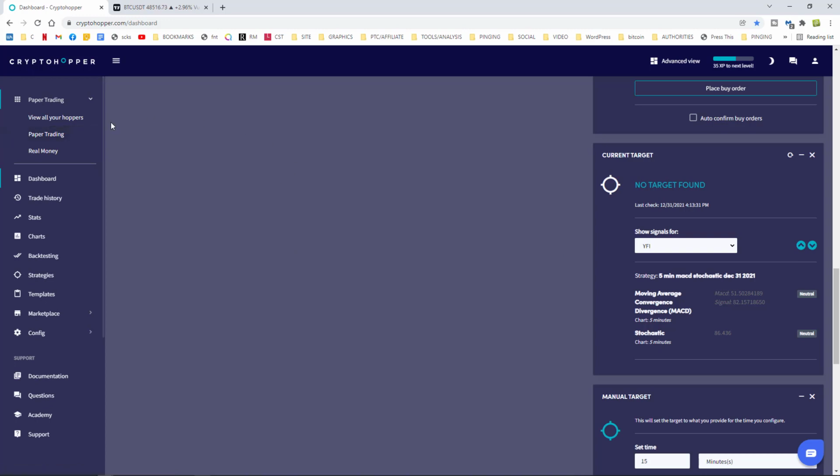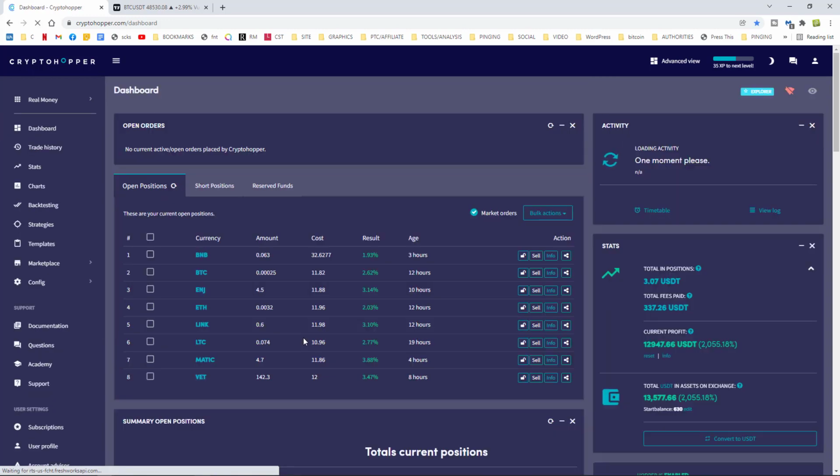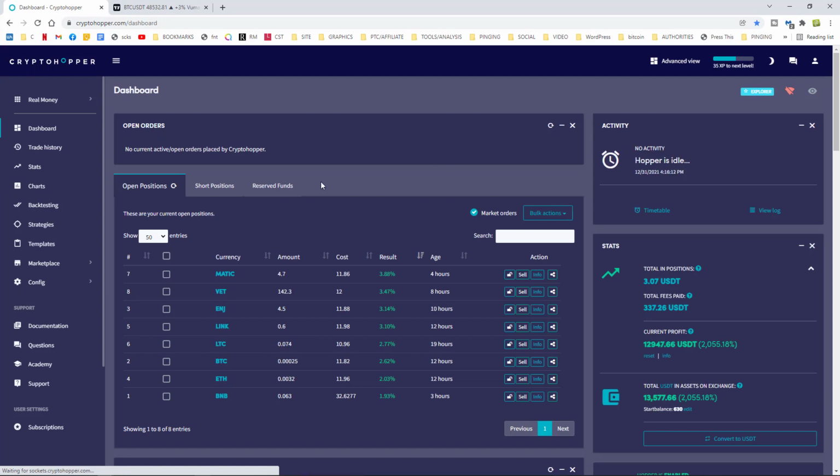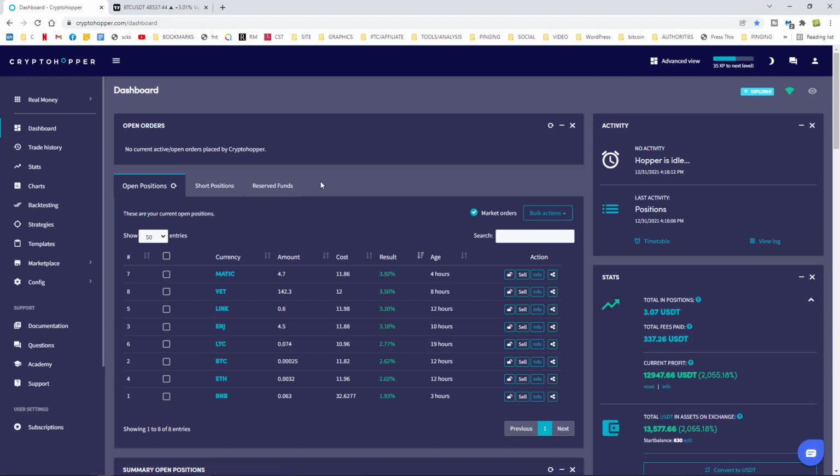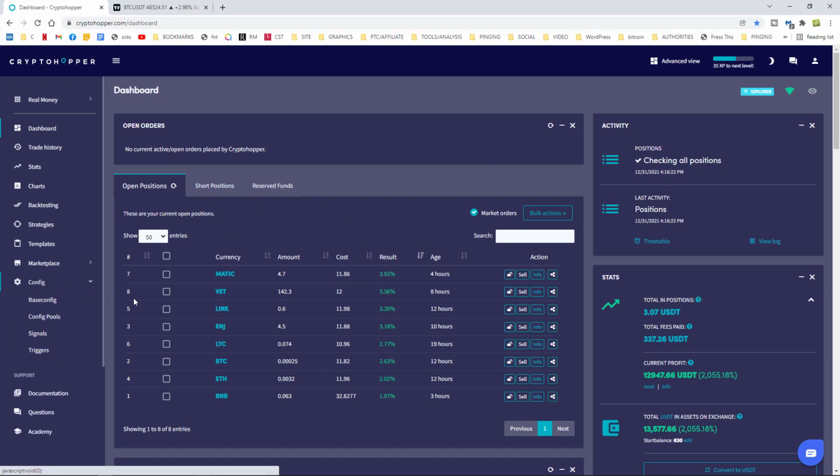The only settings that are different on my real trading bot is like the trailing stop loss level and the buying amounts. I had the paper trading bot to buy $50, didn't I? This one is buying $11 or $12. In fact, let me check that.